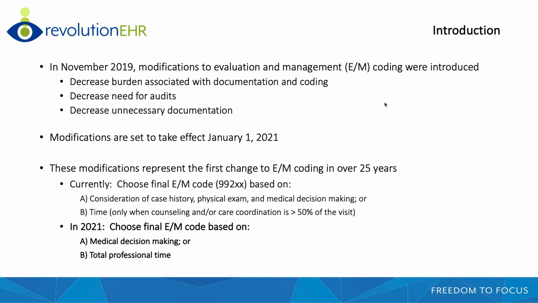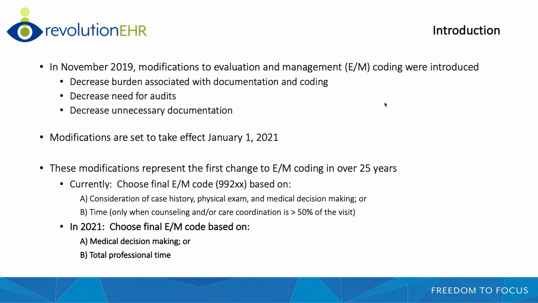These modifications are set to take effect on January 1st next year, and they represent the first change to evaluation management coding in over 25 years. If you've looked at those documentation guidelines for the E&M services, you know that it's like a 45-page document, and the date on it could be either 1995 or 97, depending on the version you're looking at. But that's how long it's been that the current process has been in place.